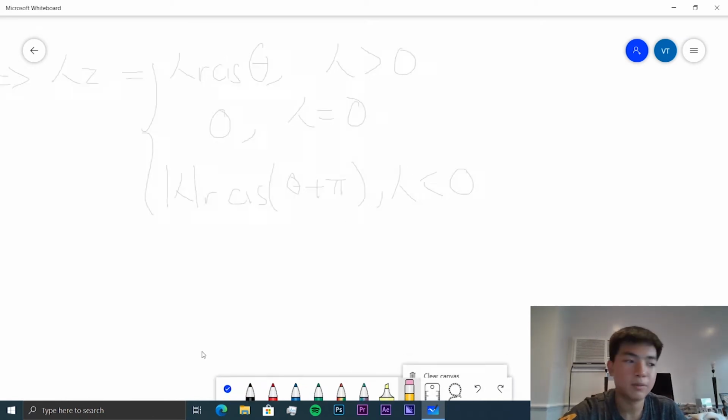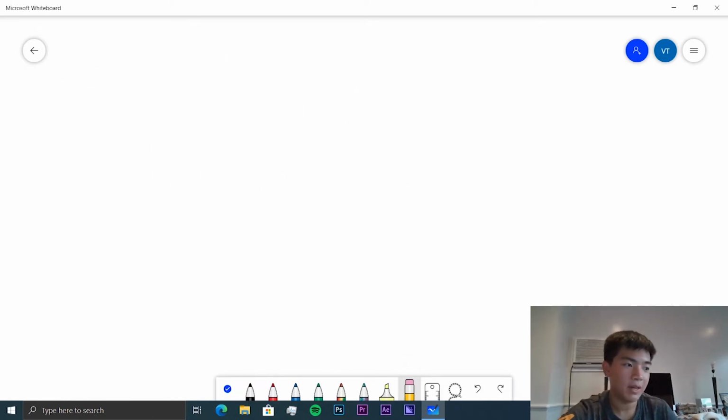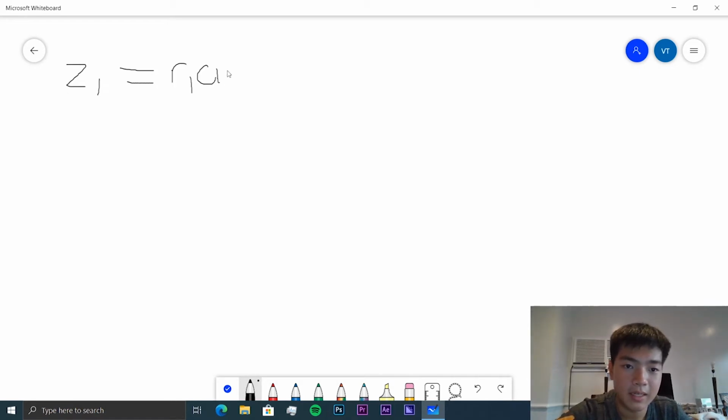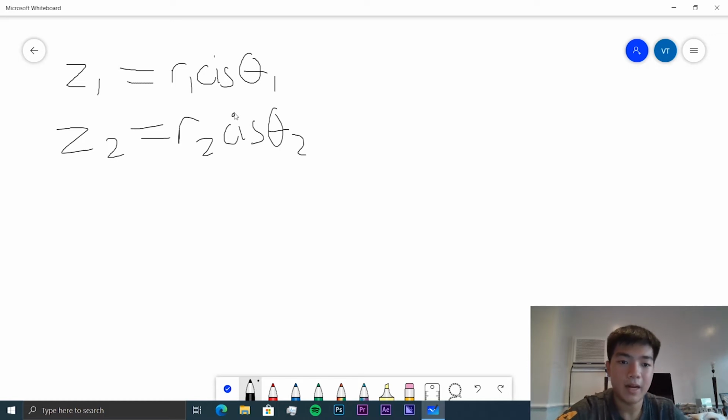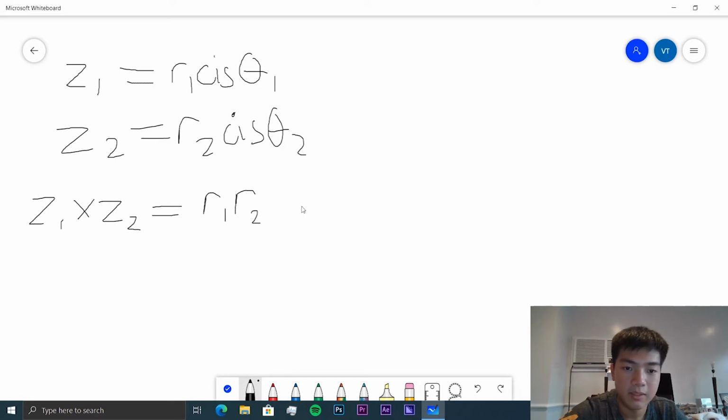Okay. So that was multiplication by a scalar, by a real number, but how about multiplying two complex numbers together? Well, if we have one complex number, r1 cis theta 1, and a second complex number, r2 cis theta 2, then multiplying these numbers together gives r1 times r2 times cis, but instead of multiplying theta 1 and theta 2, we actually just add them together.